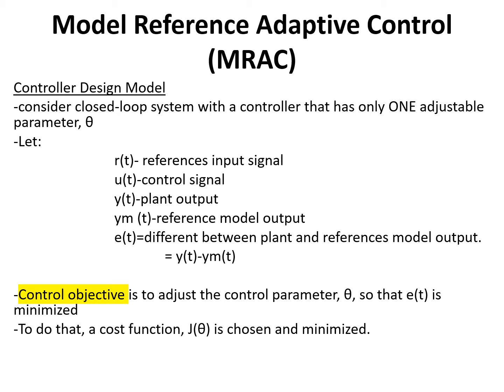The control objective is to adjust the control parameter theta so that e(t) is minimized. To do this, a cost function J(theta) is chosen and minimized.